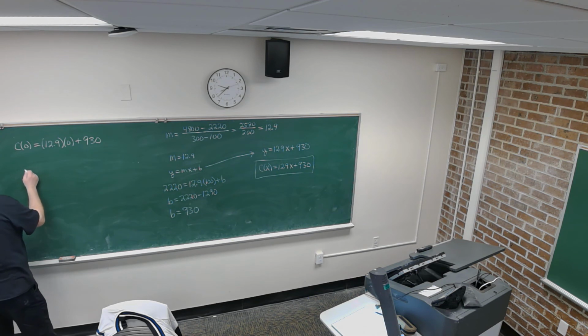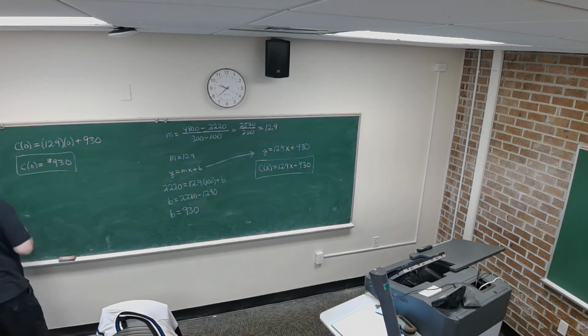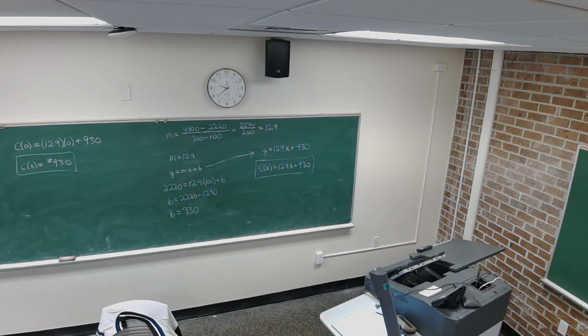And so C of 0 is equal to $930. That's the fixed cost, right? That's the cost that the company pays when they don't build a single chair. It's got to be paid anyway, because rent got to be paid on the building, things of that nature.